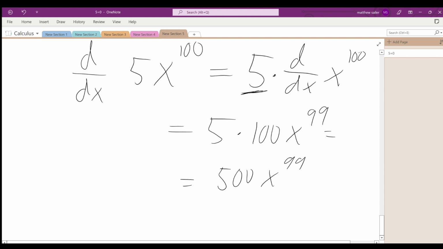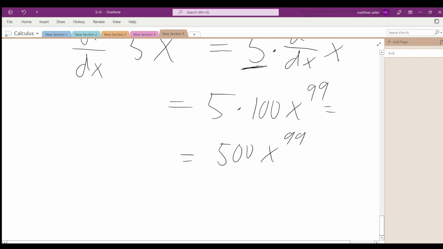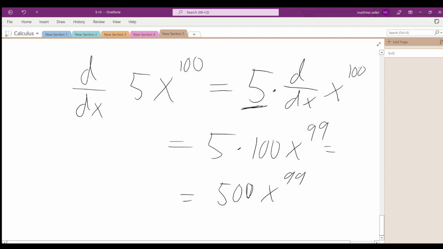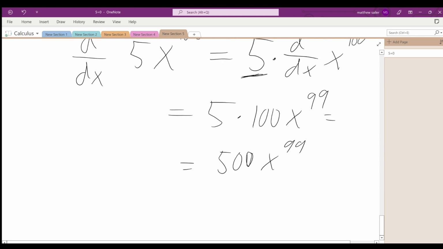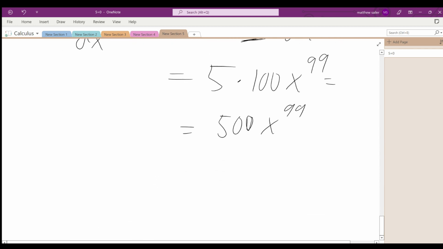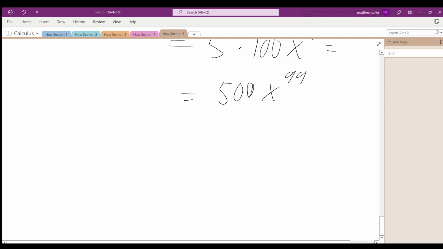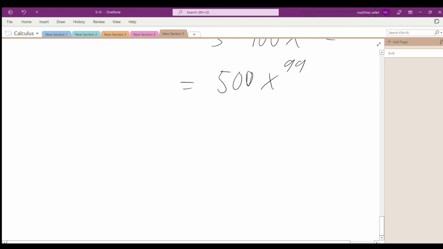Alright. And so this whole time we have been doing something with respect to x, or a single, specific defined variable. But really when you use derivatives, you want to get in the habit of including another piece on it.